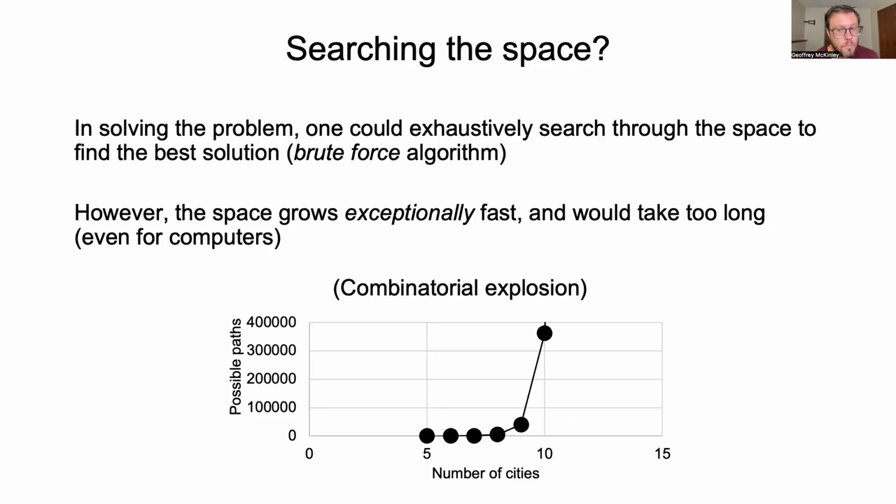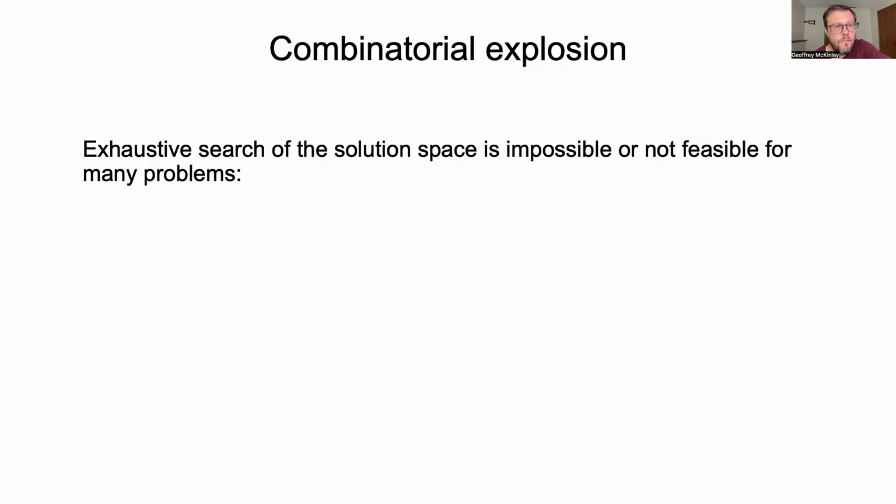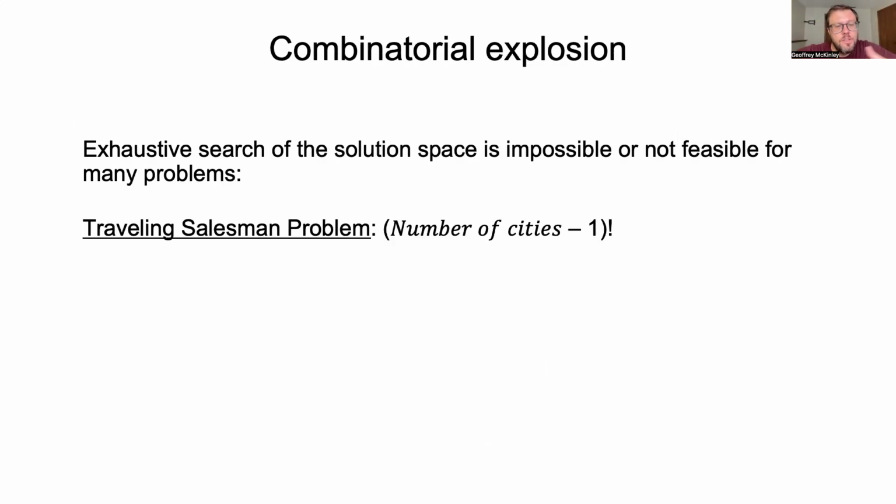So if you recall, the ideal game or problem that Newell and Simon wanted to solve was chess, which is far more complex. So for most cases, an exhaustive search of the solution space is not feasible for many problems.